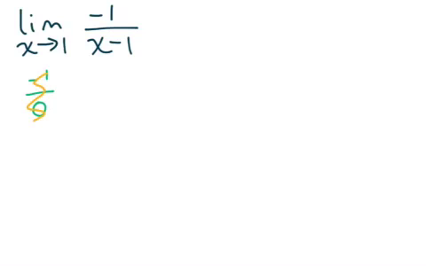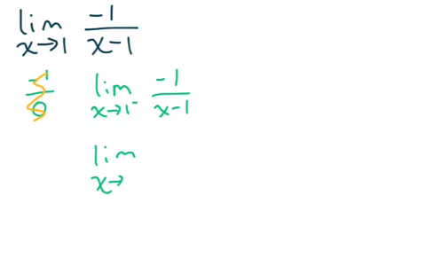And so, just like before, let's divide this into two separate limits. Let's see what happens from the left-hand side, and let's think about what happens as we come in from the right-hand side.